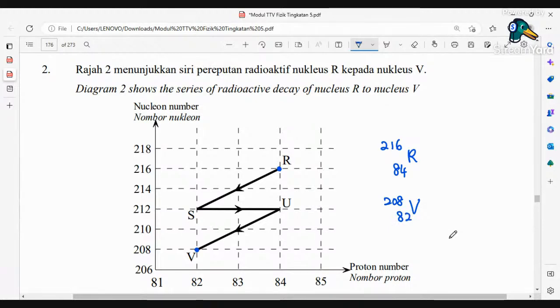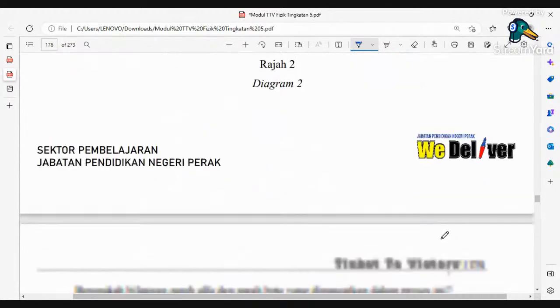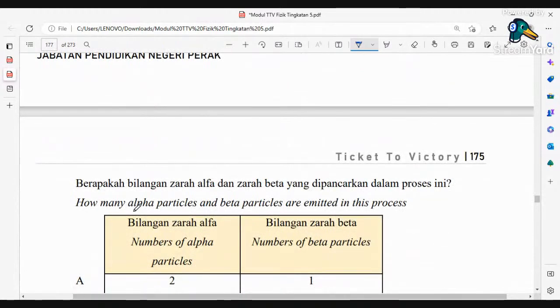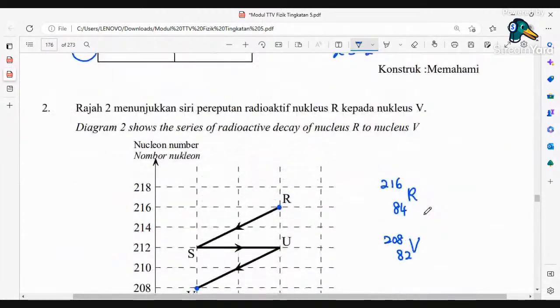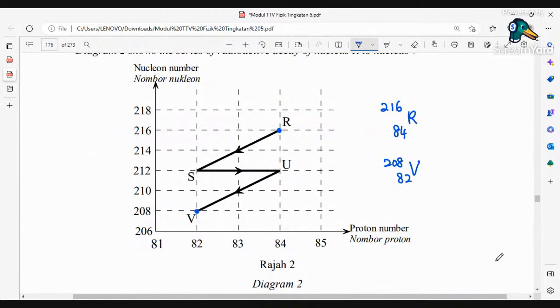Okay. The question needs you to find out how many alpha particles and beta particles are emitted in this process. So same thing, we can write in the form of an equation, or we can just look from here.